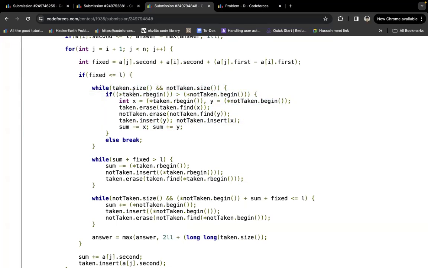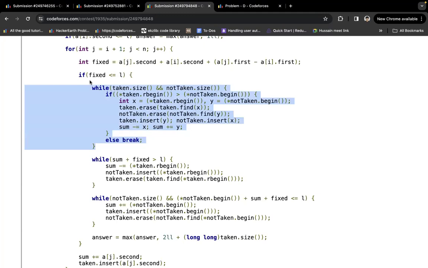Basically, if the taken multiset is 1, 2, 3, 5, and the not taken is 2, 3, 4, I can just swap 2 and 5, because it is better to have a 2 rather than a 5. So that is what this while loop does. Now, after this, there are some conditions. This is not the best implementation.